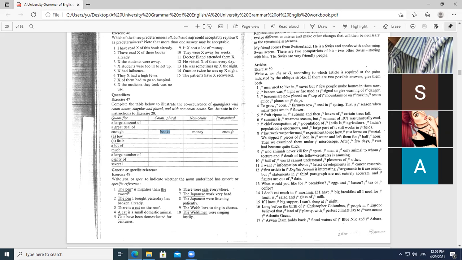That is the season when many trees are in flower. That is the season. So we say: to grow corn, farmers sow the seed in spring. That is the season when many trees are in flower. Zero article. Next.